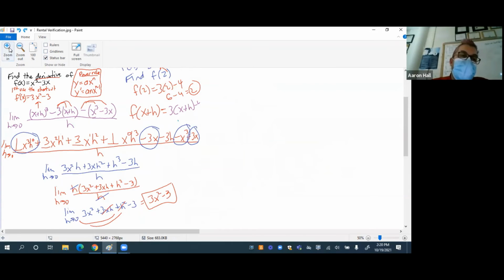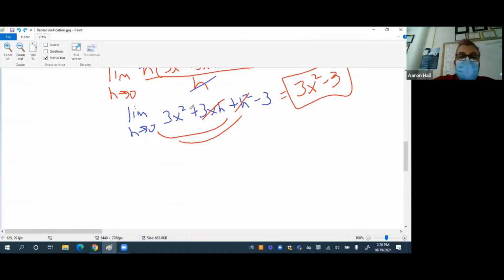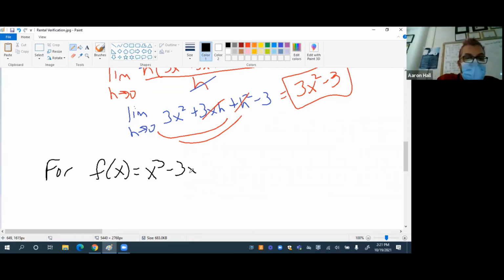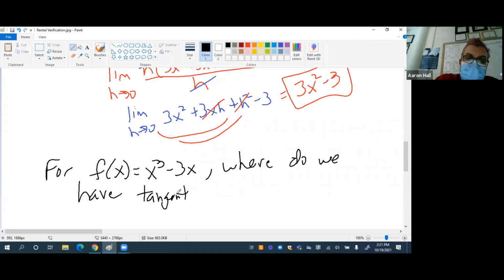Okay. What if I said, let's use black, for f of x equals x cubed minus 3x, where do we have tangent lines of 0?